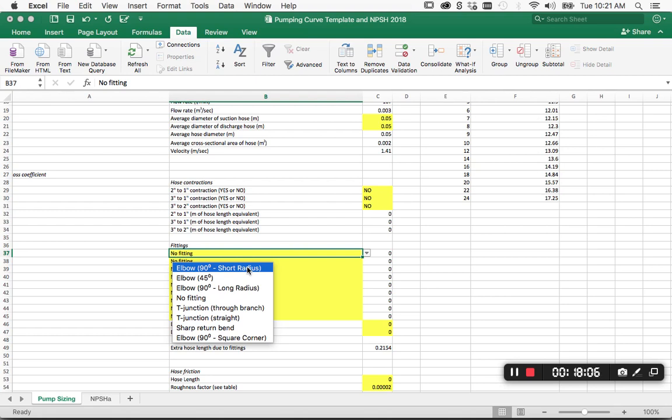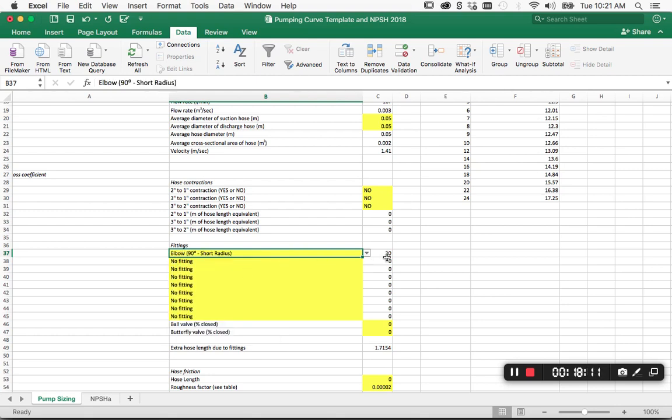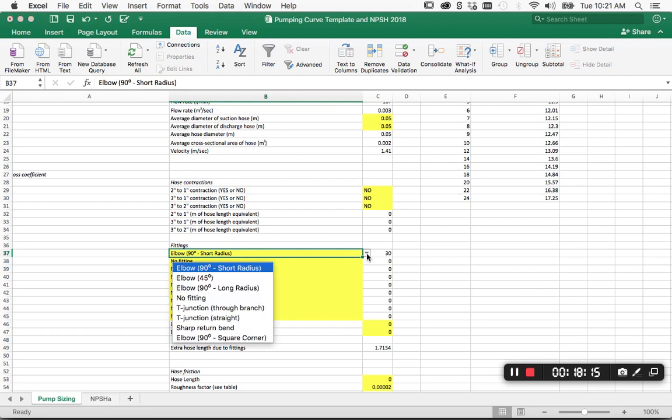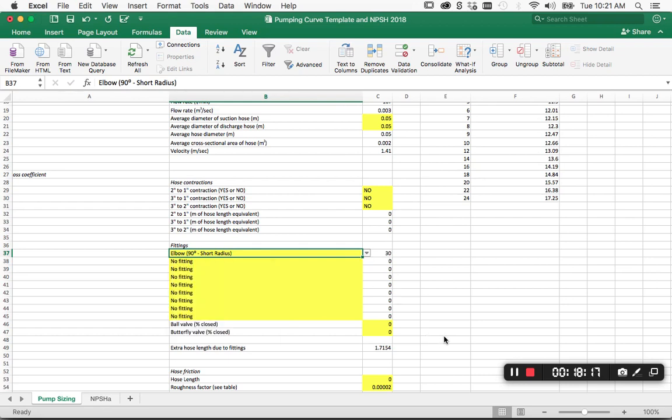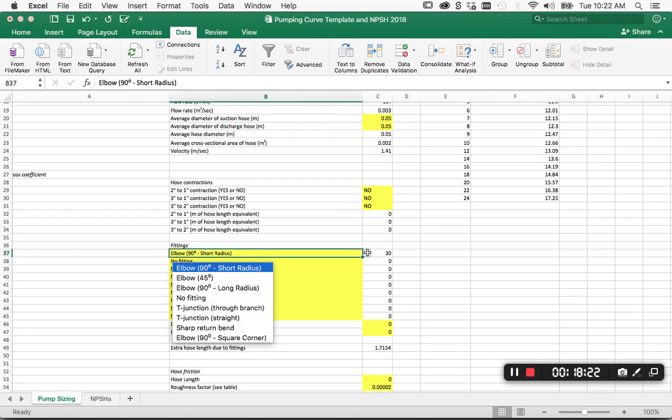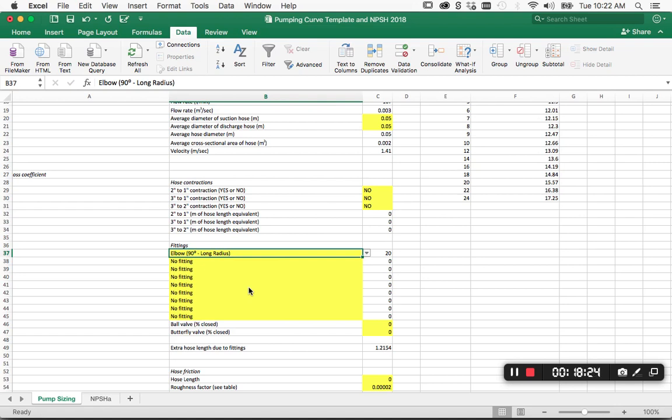So a short radius actually adds more resistance. So if we put a short radius there, it makes a loss coefficient of 30. That gets converted into meters of extra hose. Or here it is. That adds 1.7 meters of extra hose. If we put a long radius one in, it only adds 1.2. So fitting actually plays a really important role.